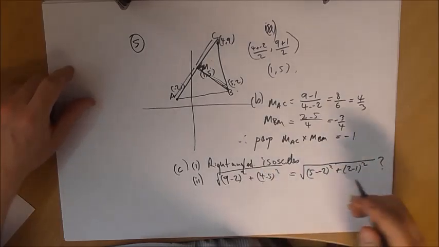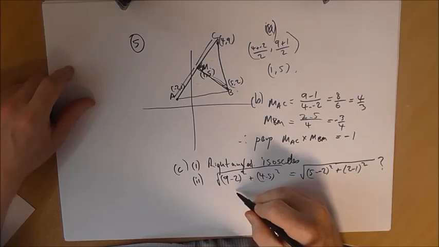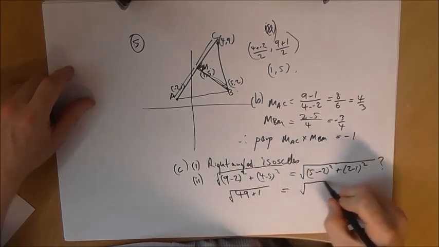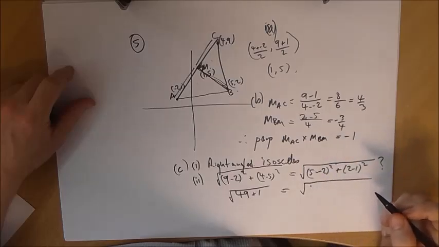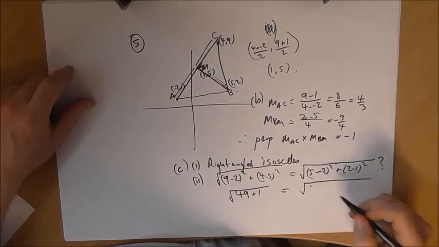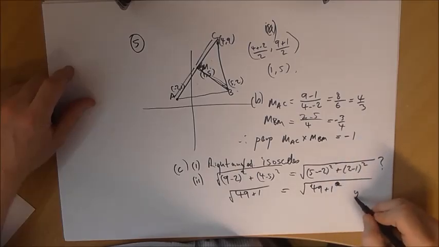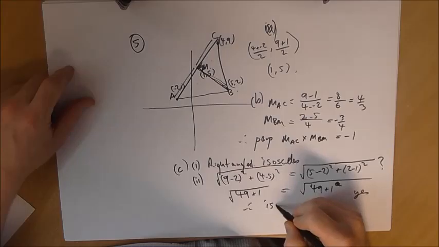So I'm wondering whether they're equal. So that's 49 plus 1 is equal to 20. So therefore isosceles.